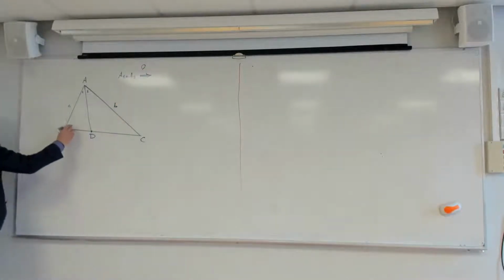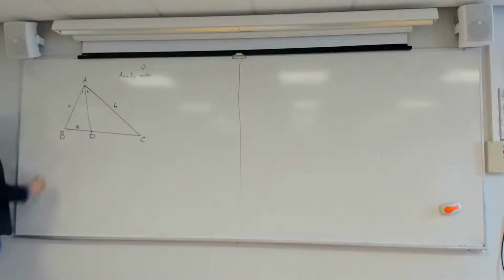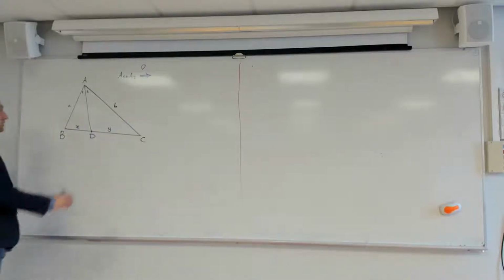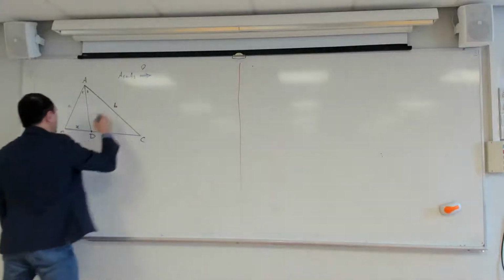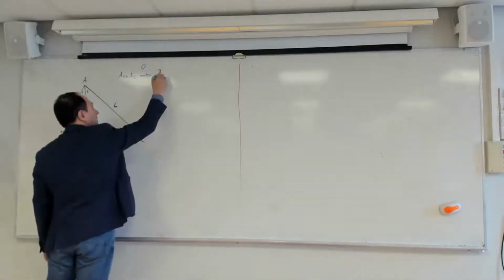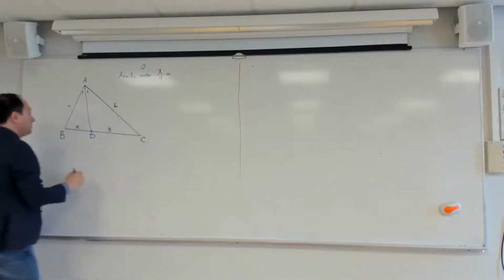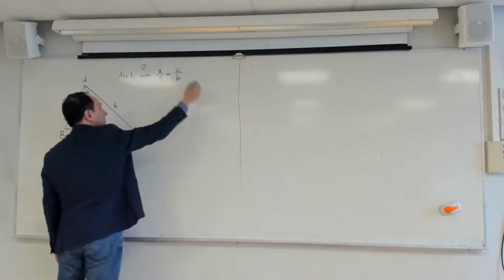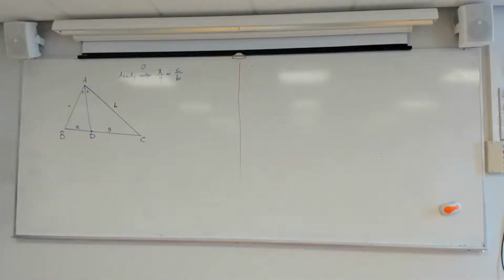So I think let us follow the book. Let me call this part X, and let me call this part Y. So what you need to know is that the ratio of X over Y is equal to the ratio of C over B. Okay, so this is the theorem. It's very important and very simple. So you have a triangle.